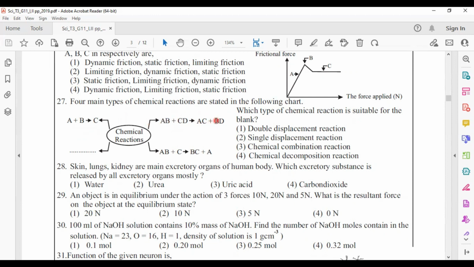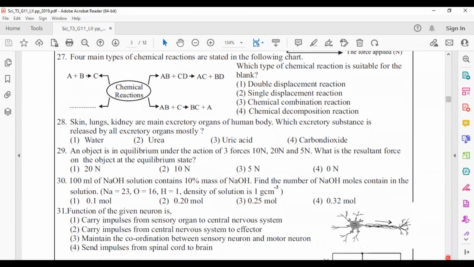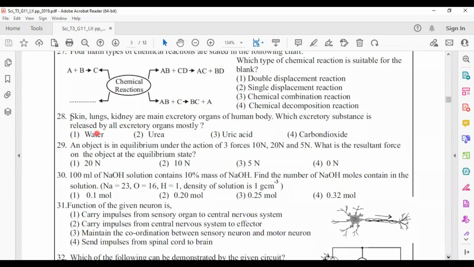That is double displacement reaction. Here AB plus C, BC and A is displacing. Only one thing is displacing. It is single displacement reaction. So to the blank we have to write chemical decomposition reaction. In the decomposition reactions, one compound is decomposing into other substances.